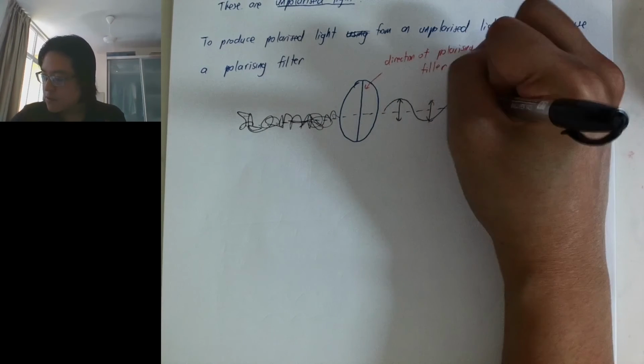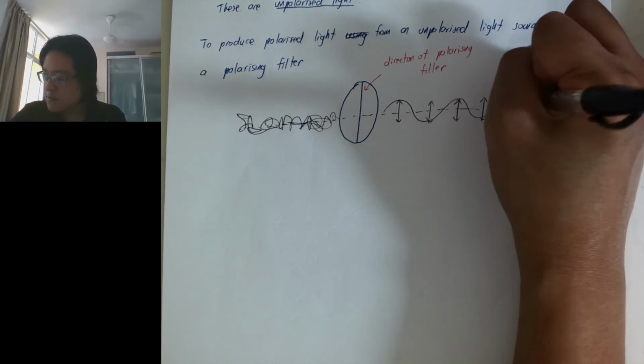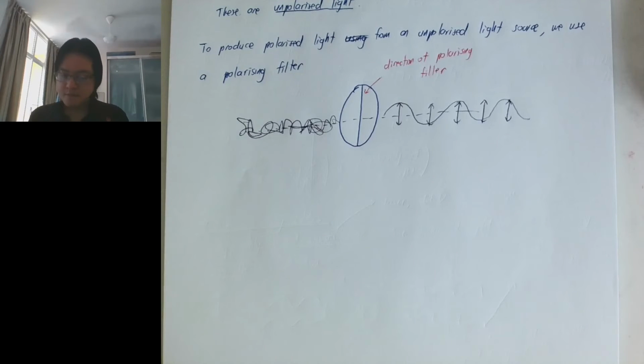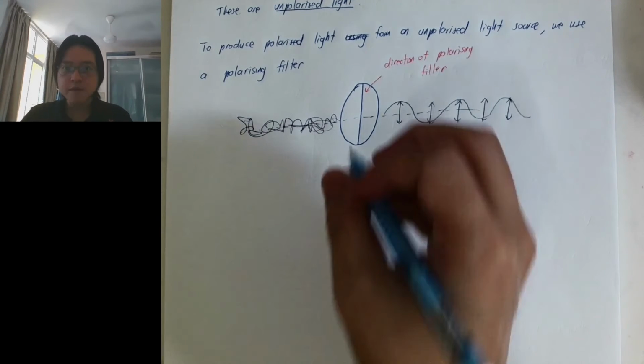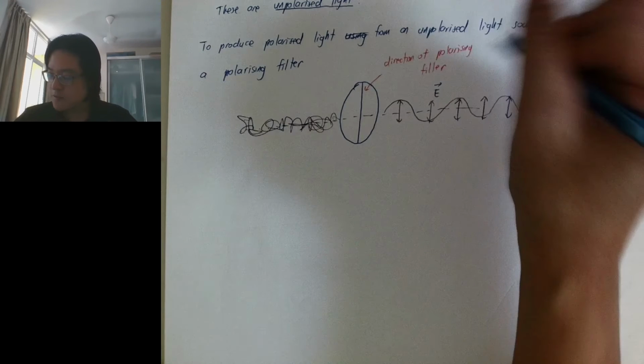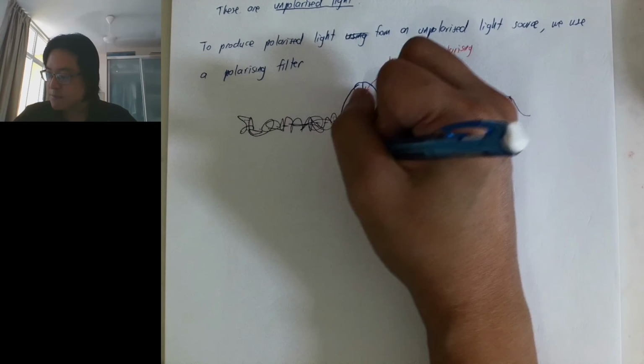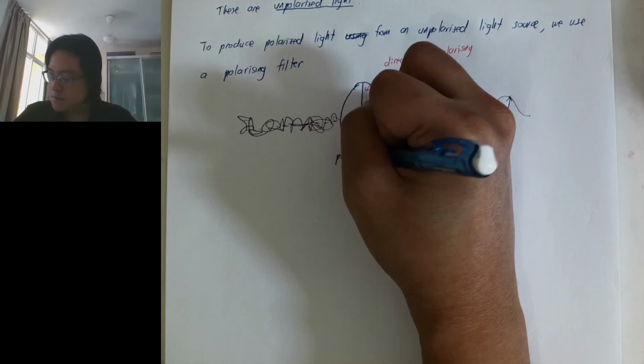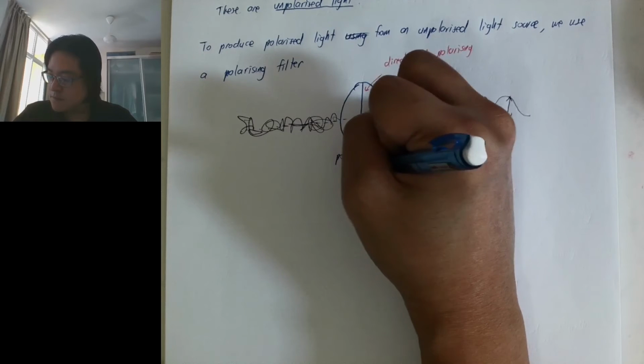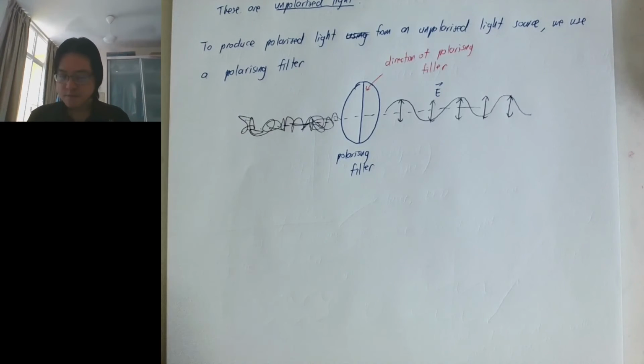So the light will be all in this direction. This is my polarizing filter, so my electric field will all be nicely polarized once it comes out.